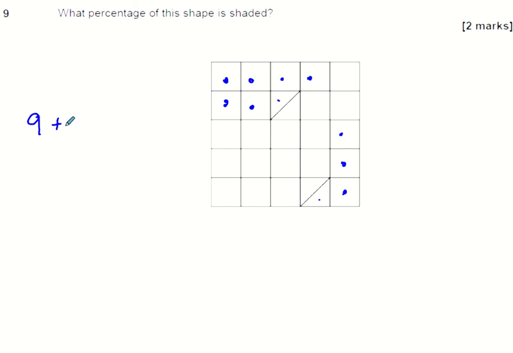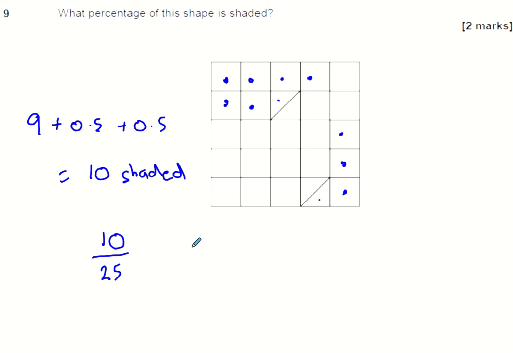So if we're adding on a half square and another half square, it means in total we have got 10 shaded squares. Now if we write this as a fraction of the entire shape that's shaded, 10 are shaded out of a total of 25 if we counted all the squares.